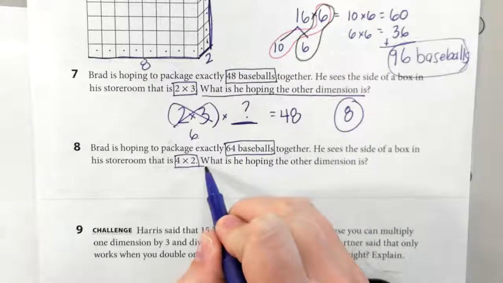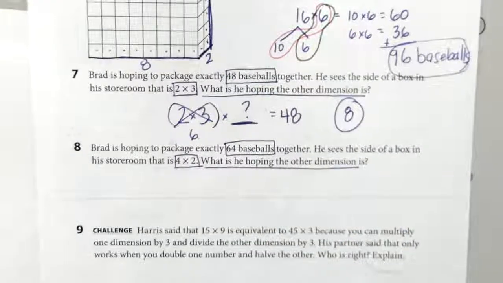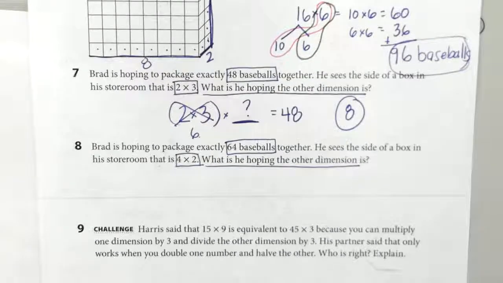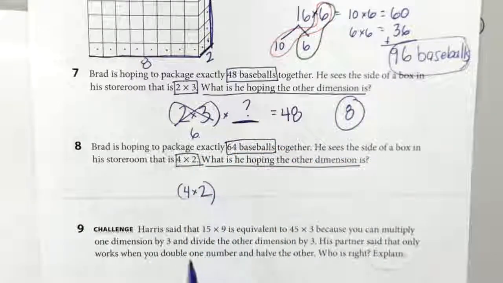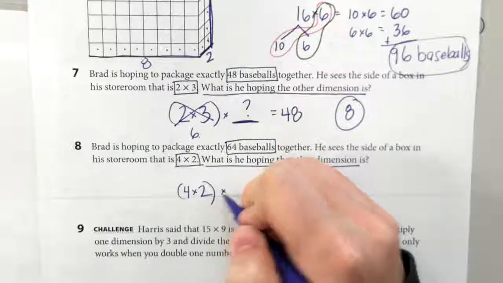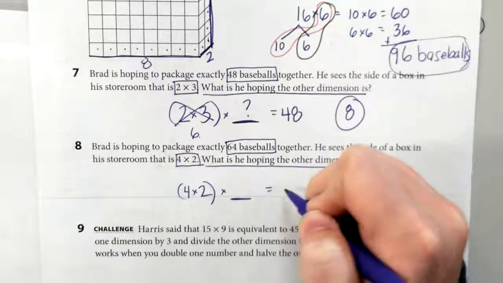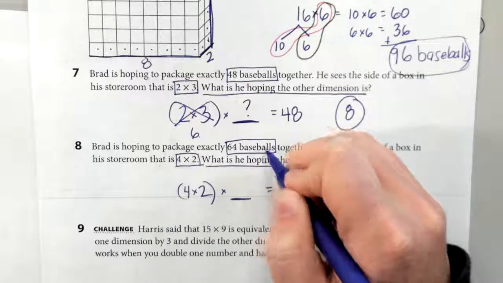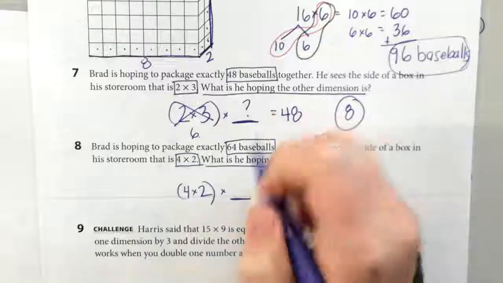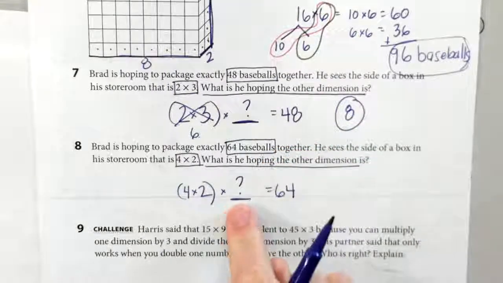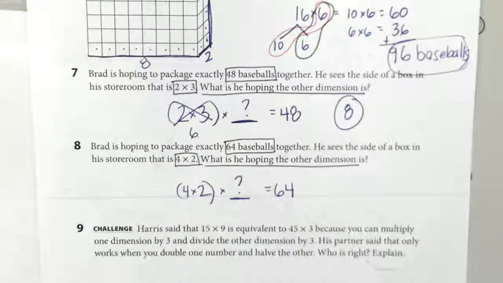What is he hoping the other dimension is? So same thing. I know that part of my equation looks like this, 4 times 2. We're trying to figure out what the other number is to get a total of 64. This is what we're trying to solve.